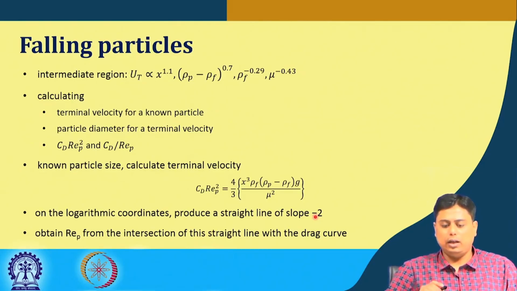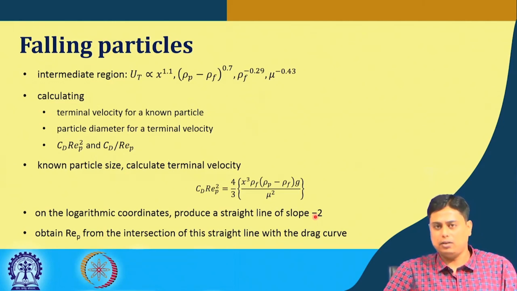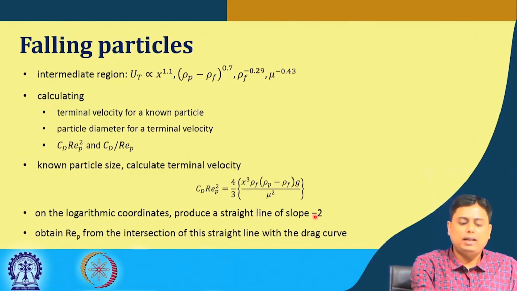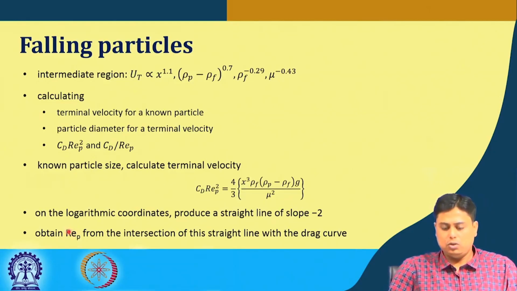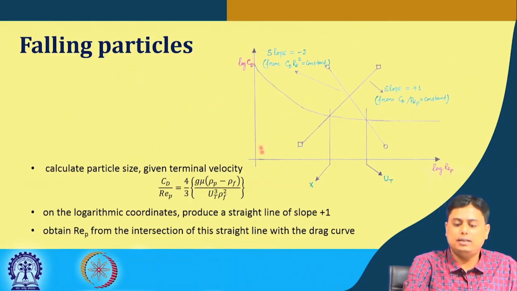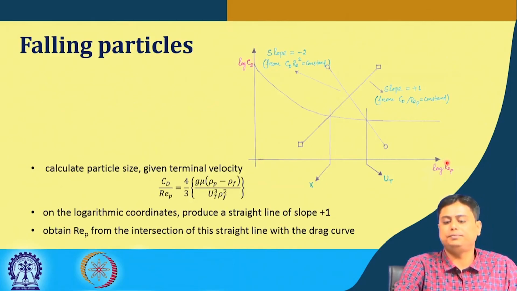That intersection point is your REP. Remember, when you try to calculate REP, you basically need the terminal velocity, isn't it? It is dV rho by mu. So, let us say the diameter d is known, V is what you are calculating. But if you get the Reynolds number, you can now calculate V. So, this is the log CD versus log REP graph.